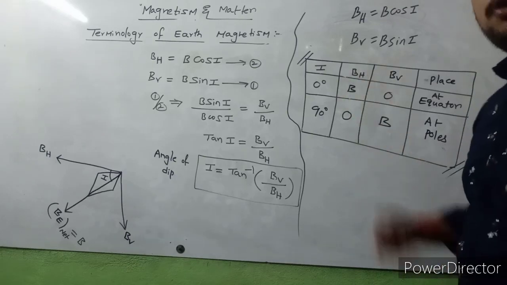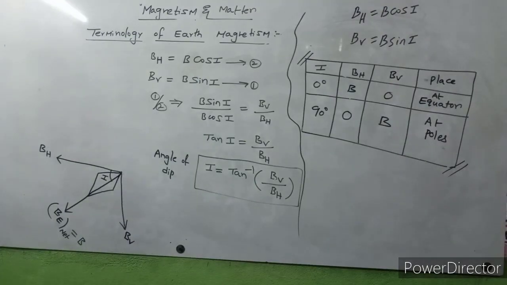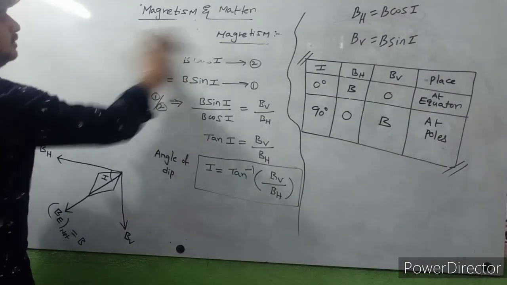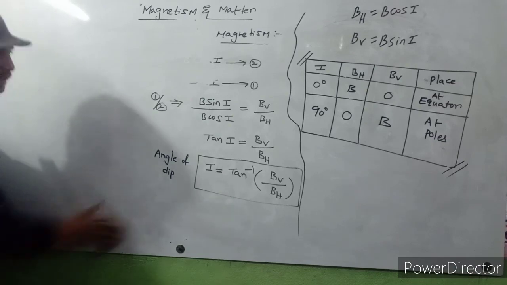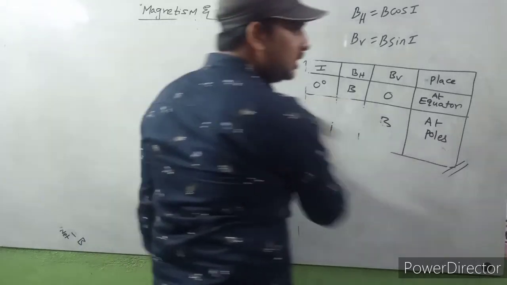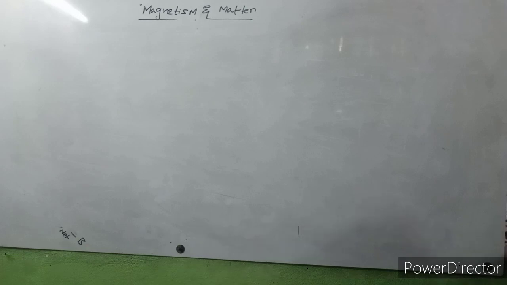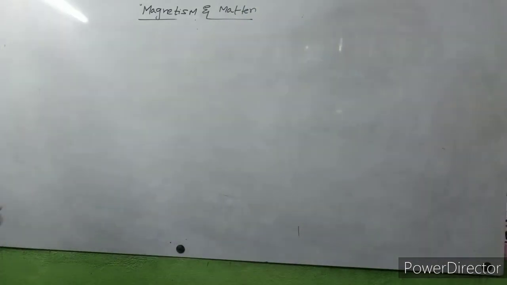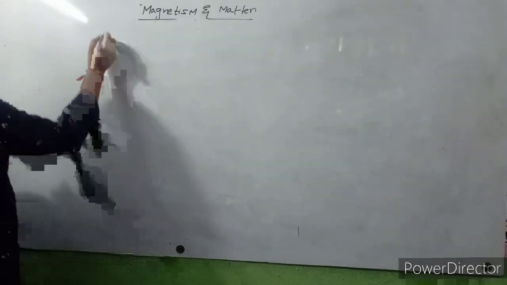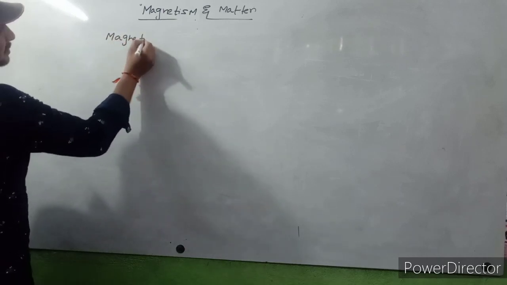Now I will discuss a few more terminologies of earth magnetism. So please observe carefully. Next one is magnetic meridian.